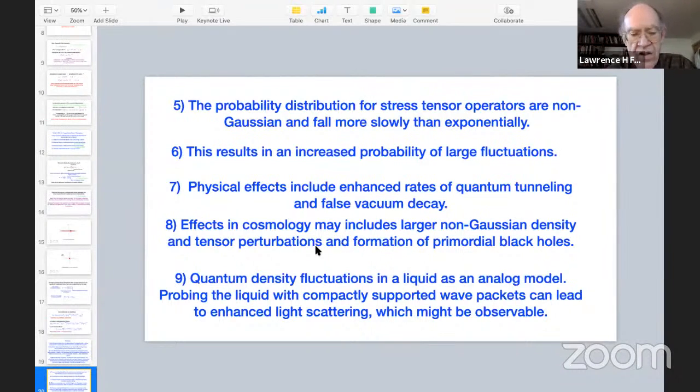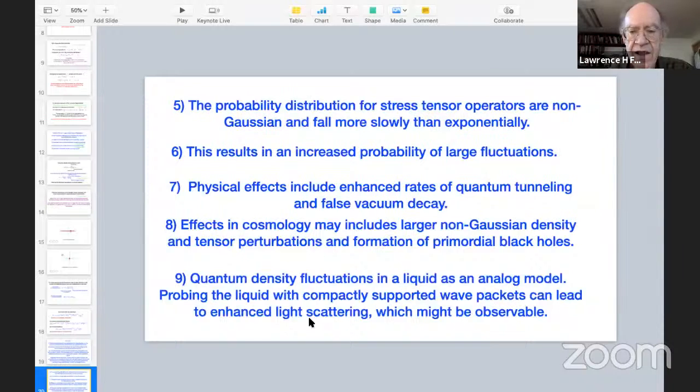But especially in what I've just told you about, possibly large density fluctuations in a fluid that could be enhanced, possibly might be observable in an experiment where you do scattering of pulsed light, an experiment which, according to the estimates that I gave you, looks like it might be a feasible experiment.